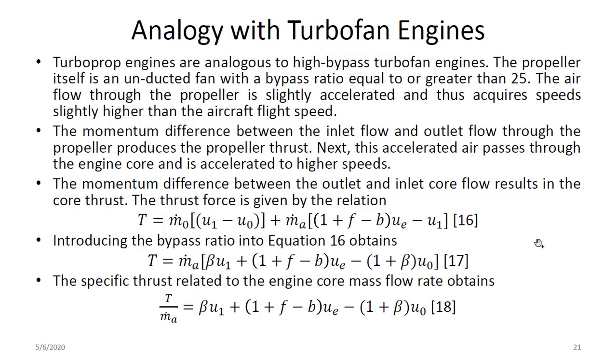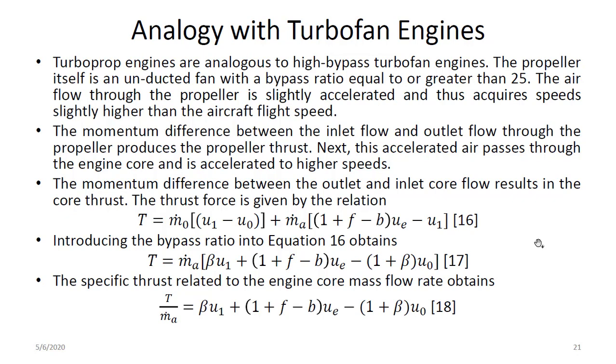And if you introduce a bypass ratio, which is the ratio between the bypass flow and the core flow, then you get equation 17. These equations are pretty easy. We looked at them under turbofan engines, and I've just included them here for completeness' sake.